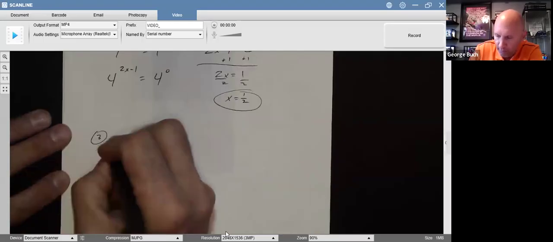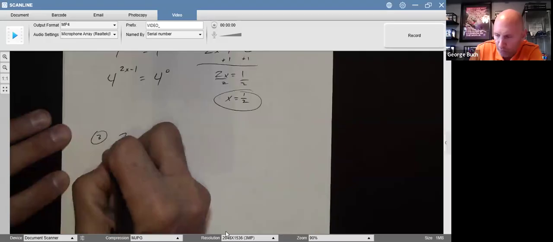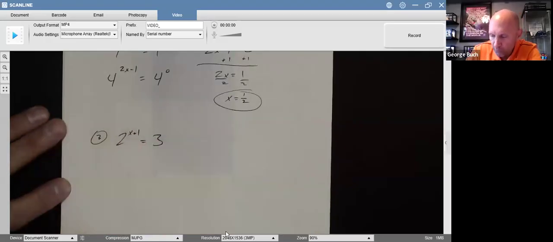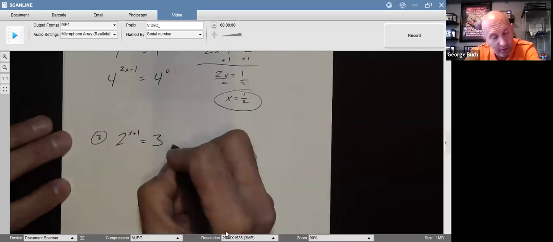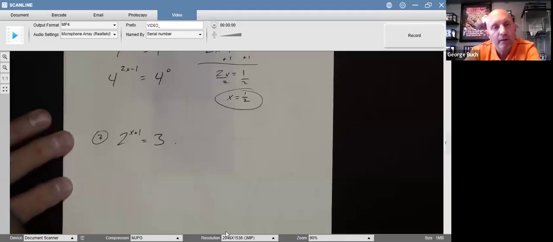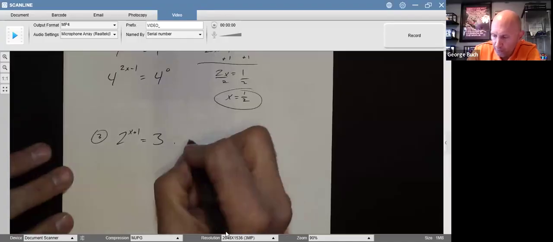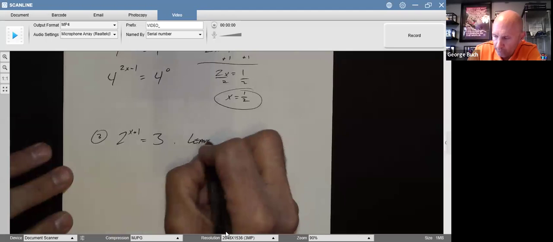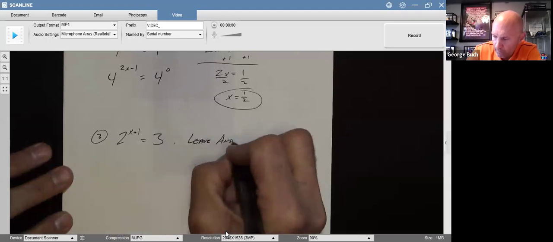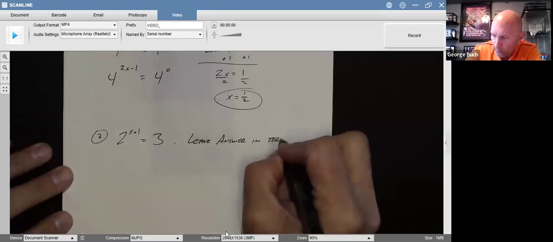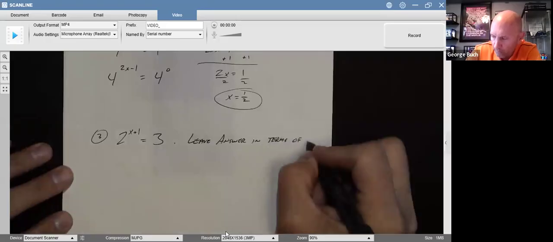Now, what if we have something like this? 2 to the x plus 1 is 3. If this is on a test, and it could potentially be, and it says solve for x and leave your answer in terms of, let's say, log.